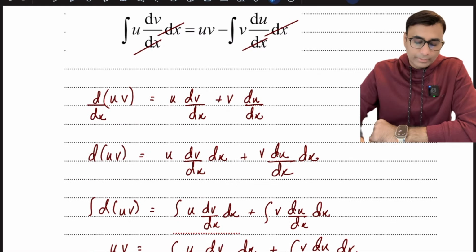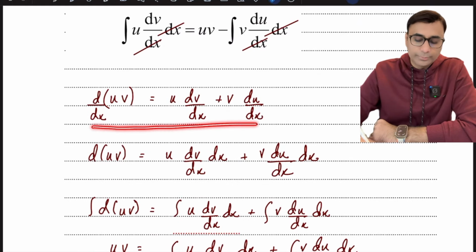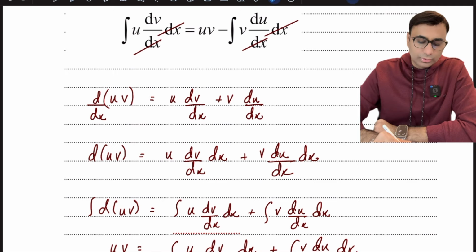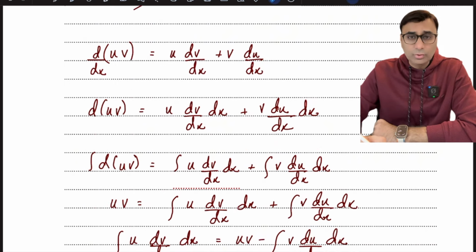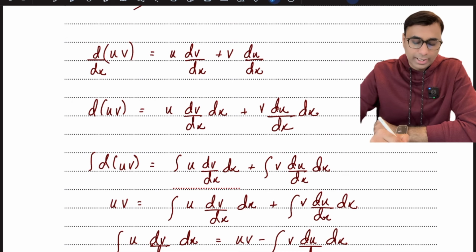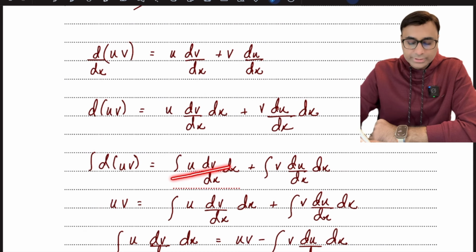First of all, from this formula of the product differentiation, I will cross multiply dx on the other side. And when I cross multiply dx on the other side and put integral on both sides of the equation, I'll have a term which is integral of d(uv), integral of u dv by dx times dx, and integral of v du by dx times dx.